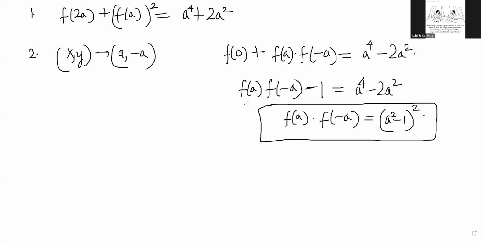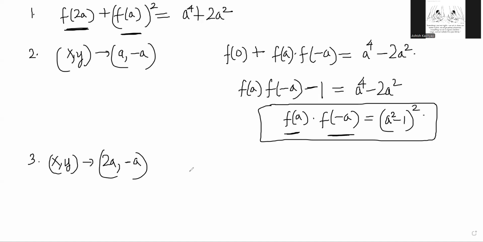Now notice that the first equation had the variables f(2a) and f(a). This equation has f(a) and f(-a). So technically I have increased the number of variables to 3 now. I have f(2a), f(a) and f(-a). So I need another equation which can connect f(2a) or f(-a), right? So now I'll take x and y as 2a and -a.